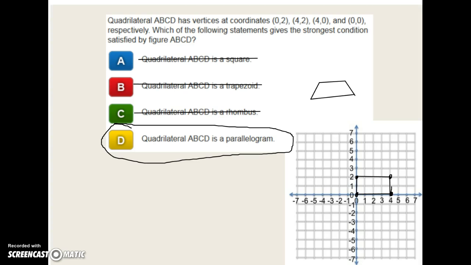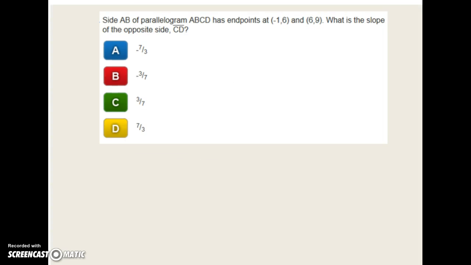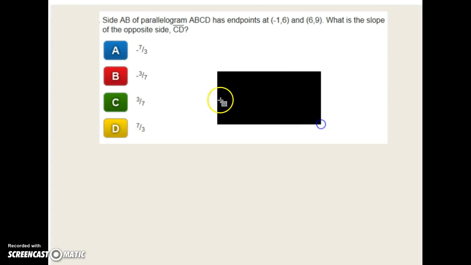And one final example question. Side AB of a parallelogram, ABCD, has endpoints at (-1, 6) and (6, 9). What is the slope of the opposite side? So again, if you picture your shape, let's say this side has an endpoint of (-1, 6), and this side has an endpoint of (6, 9), for example.